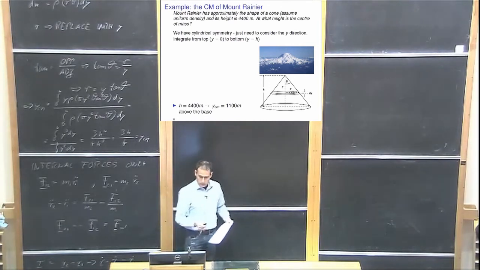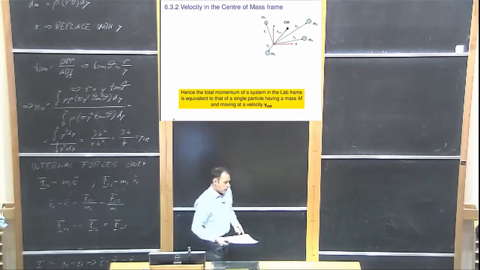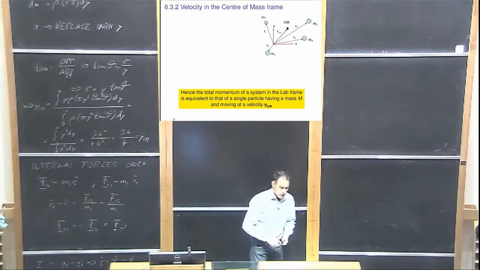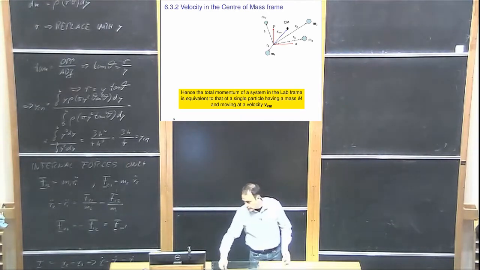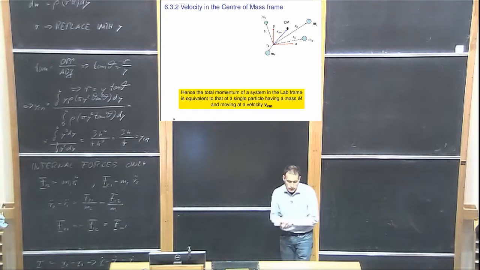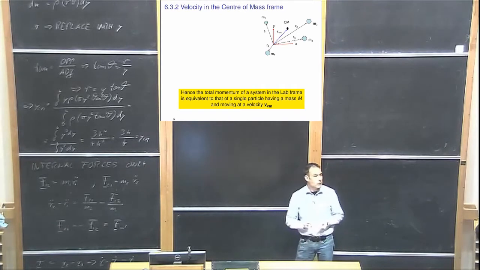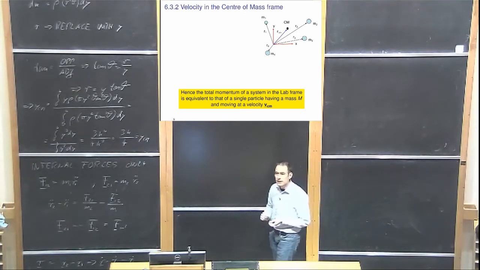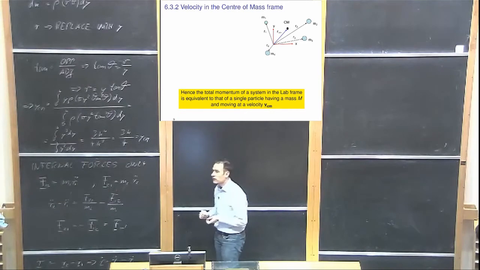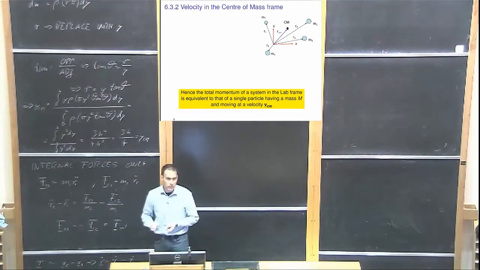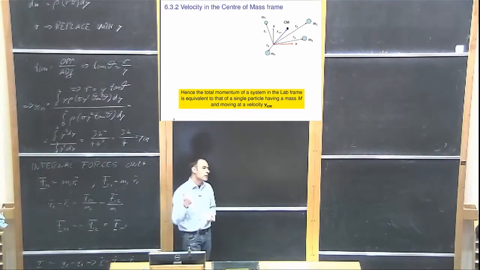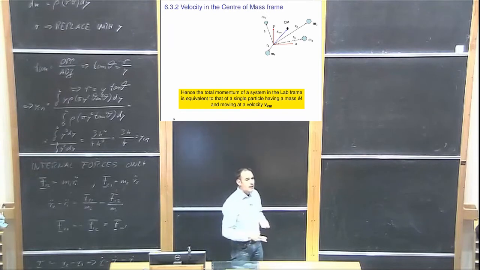Now, we continue with the center of mass frame. But before I get there, regarding the center of mass itself, there are a handful of standard bodies in physics. We had the cone, cube, sphere, disk, cylinder.